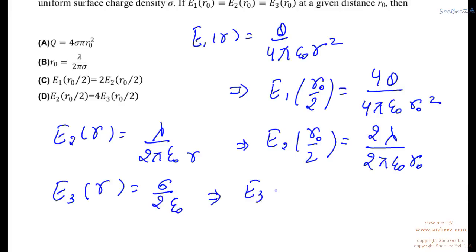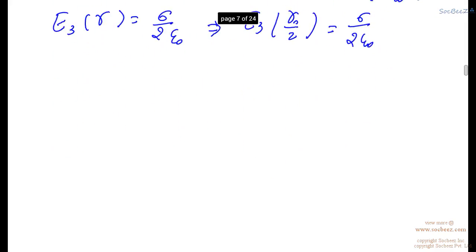So therefore E3(r0/2) equals sigma upon 2 epsilon naught.